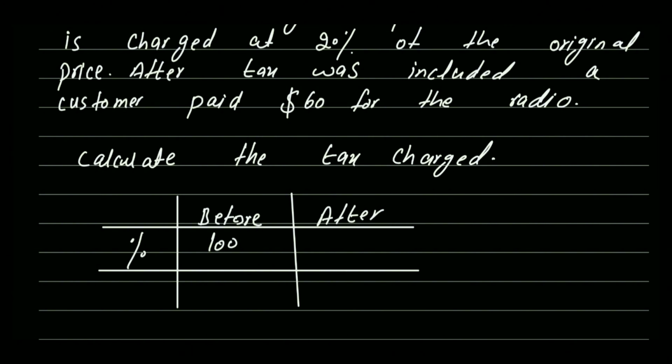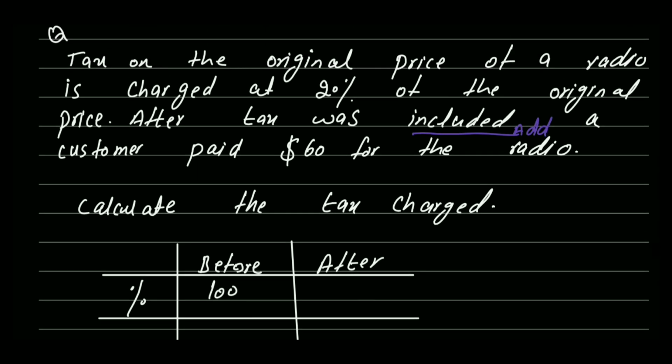So included. So word included is in the question. It means we have to add. So we cannot guess from the word charge. This charge word does not mean add or subtract. This only tells percentage.